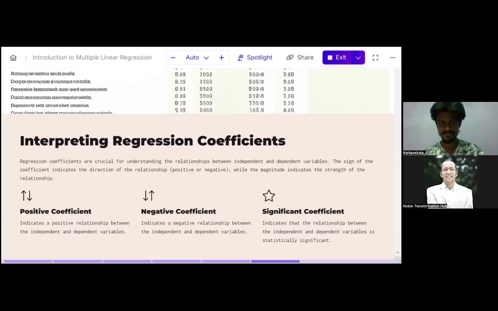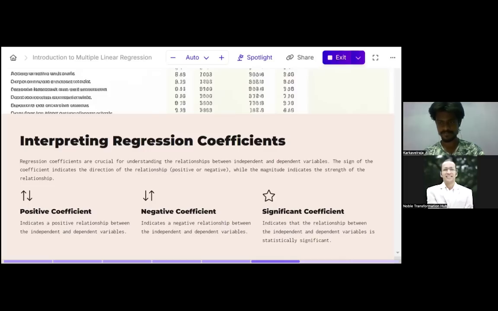These are three things you have to understand. One is the relationship between independent and dependent variables. Second is the sign of the coefficient, which indicates the direction of the relationship, positive or negative, while the magnitude indicates its strength. These are very fundamental ideas for interpreting regression coefficients. A positive coefficient indicates a positive relationship between independent and dependent variables.